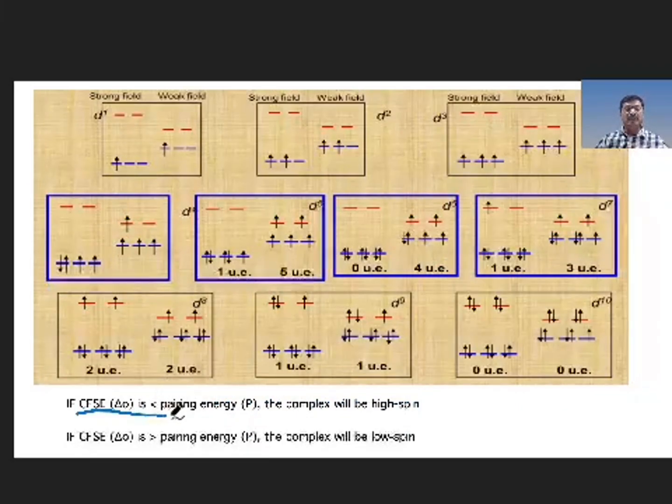Generally, there are two types of energies involved in electron filling in complex compounds. One is the CFSE, the crystal field stabilization energy. The next one is the electron pairing energy. If the CFSE is less than the pairing energy, that compound is called a high spin compound. If the CFSE is greater than the pairing energy, that compound is called a low spin compound.